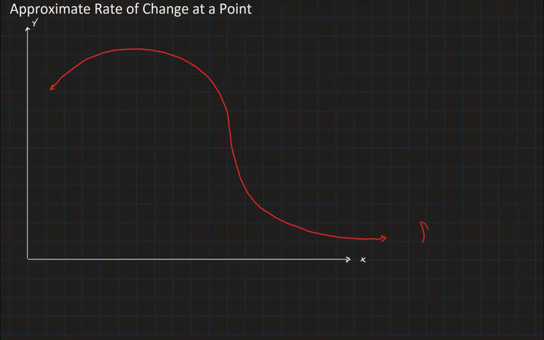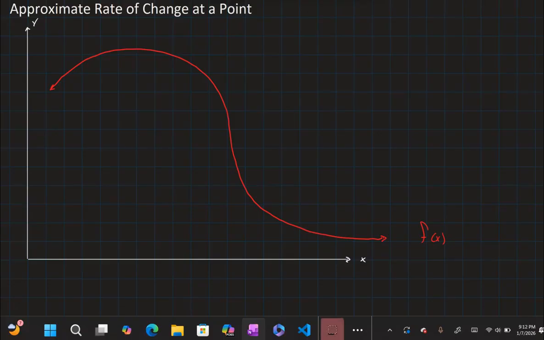Again, we'll call this function f of x, give it a name. Suppose I have a point on this function, we'll call it a, the point A. The point that's on this graph, this point A, is given by the x and y values, we'll call it a, and f of a.